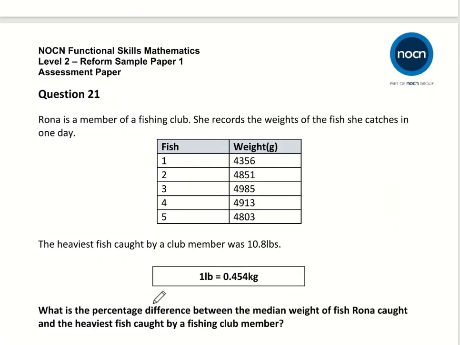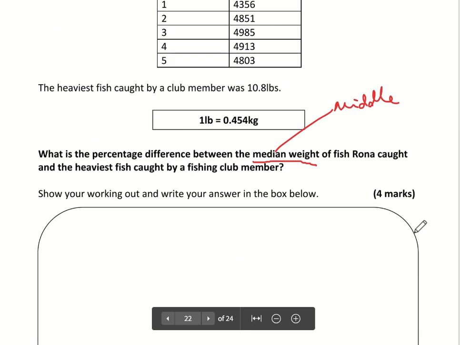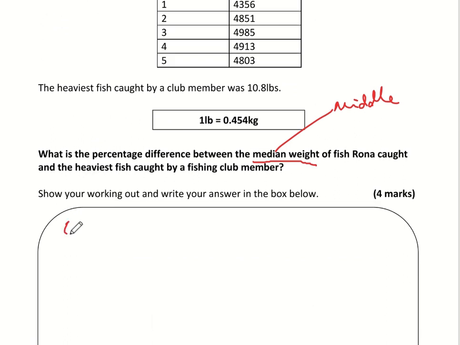Okay, so the question is asking for the percentage difference between the median weight of the fish Rona caught. So we want to calculate the median, which is the middle value when you put them all in order. So let's put these in order. So we've got 4, 3, 5, 6.